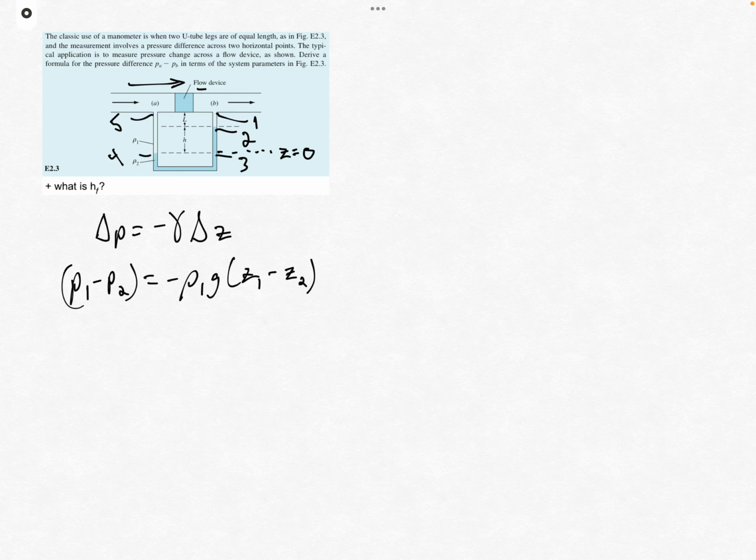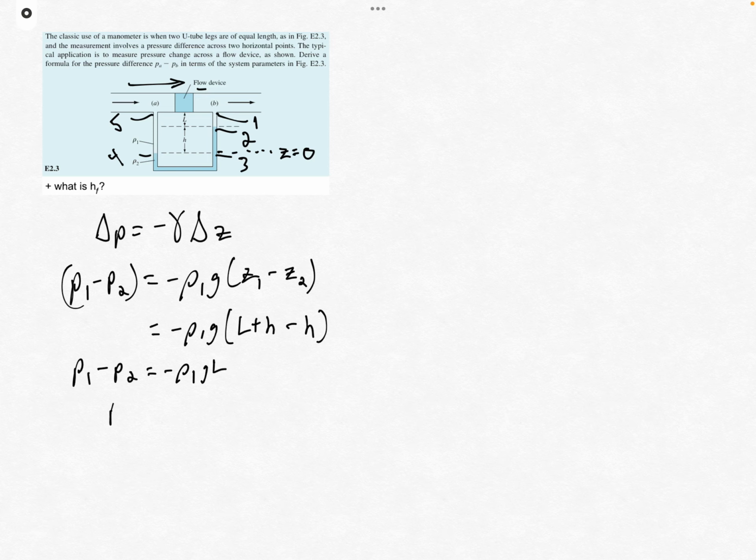So this is going to be equal to minus rho 1 G times, Z1 is L plus H, minus Z2 which is just H. So I have P1 minus P2 is equal to minus, those H's are going to cancel out, so minus rho 1 G L.